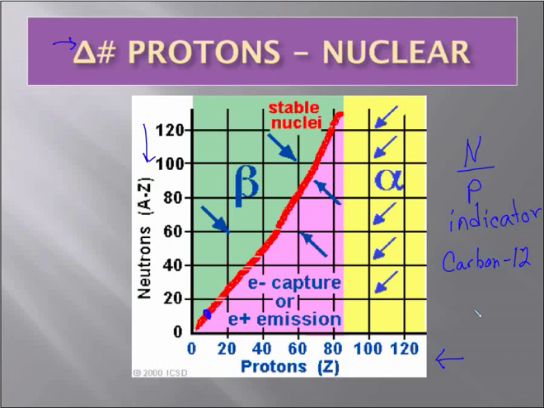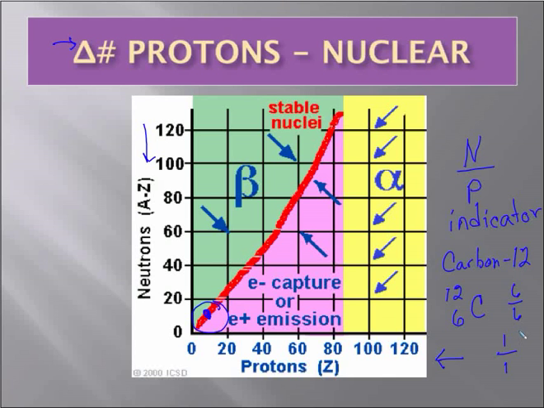We would indicate that with either a hyphen 12, or we could put it with a C, and we'd put a 12 in the upper left-hand corner. Now, the most stable isotope, and we'll get back to isotopes. I know I'm using a word we haven't talked about yet, but we'll get there. The most stable is with carbon-12, and we have 6 neutrons, 6 protons. So it seems that down at the low end, we're looking at a 1-to-1 ratio.